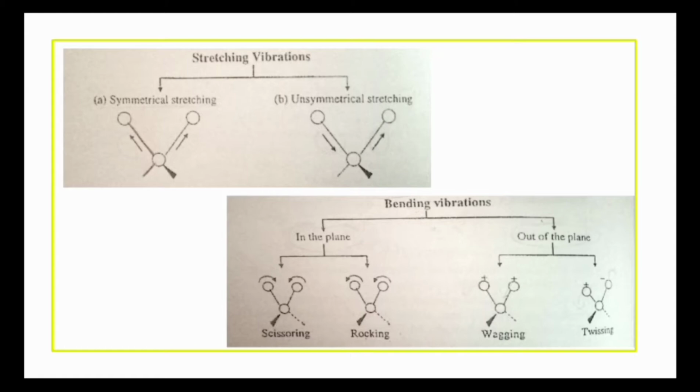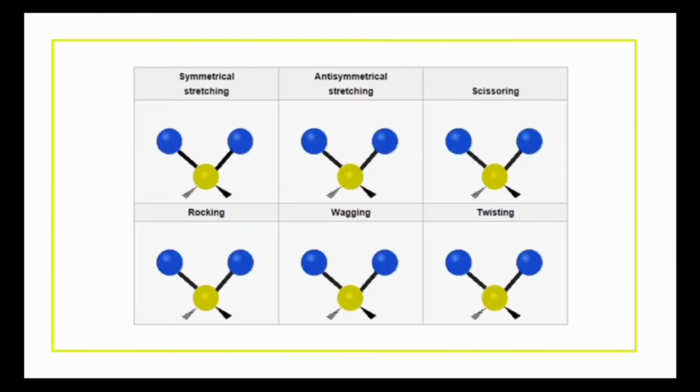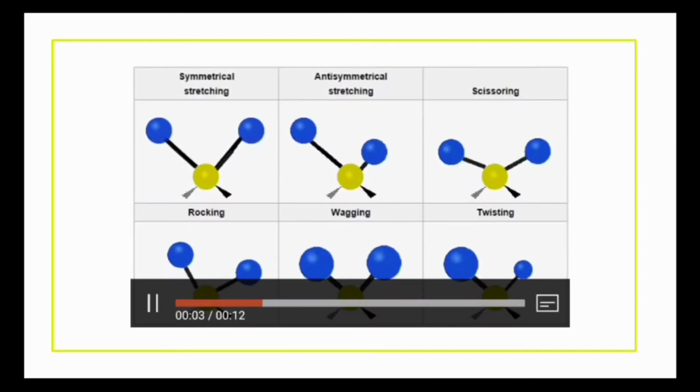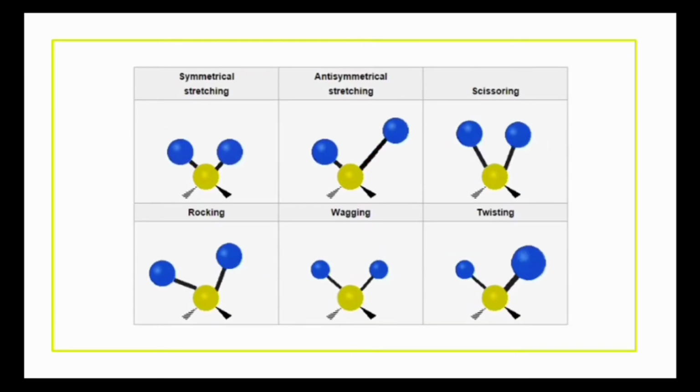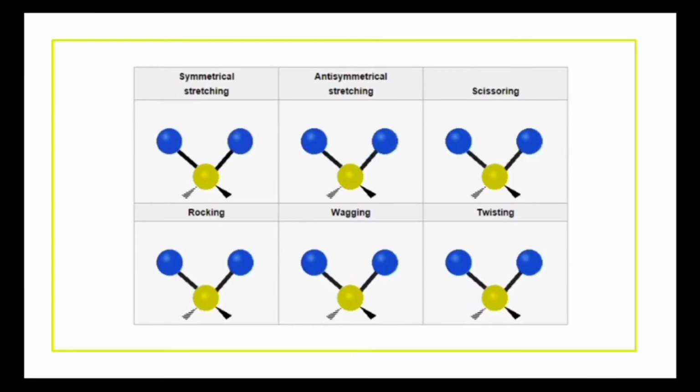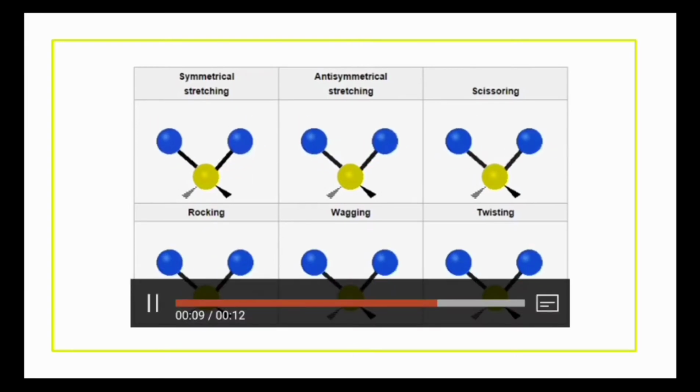Okay, so let us see how this scissoring, rocking, wagging or twisting actually happens. Here you can see stretching is divided into two types: symmetrical stretching and anti-symmetrical or unsymmetrical stretching. Then bending vibrations: scissoring, rocking, wagging and twisting.